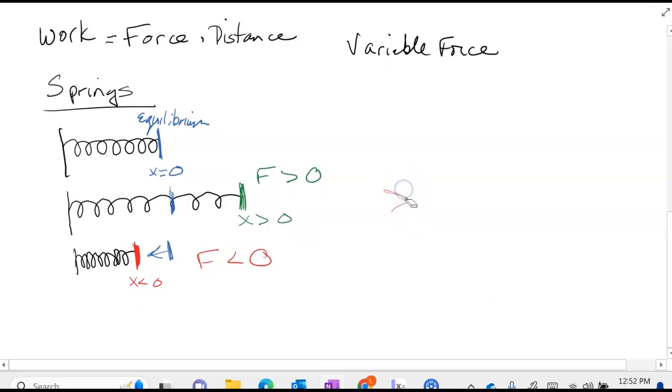In fact, when we're dealing with springs like this, we have something called Hooke's law.